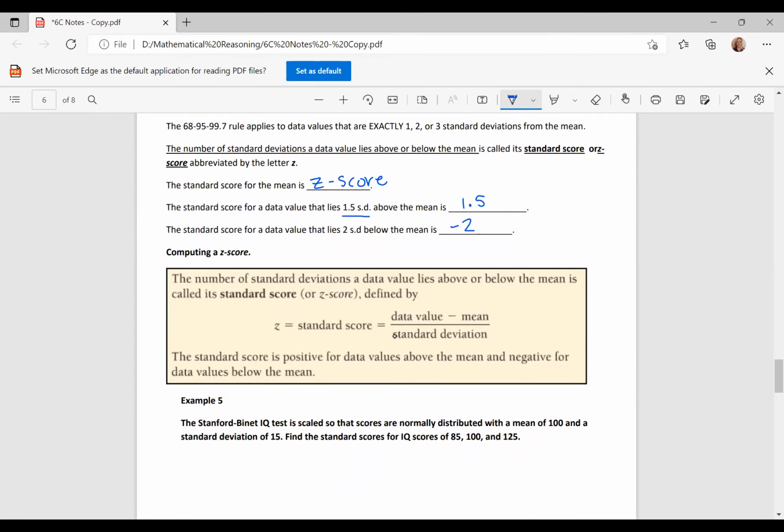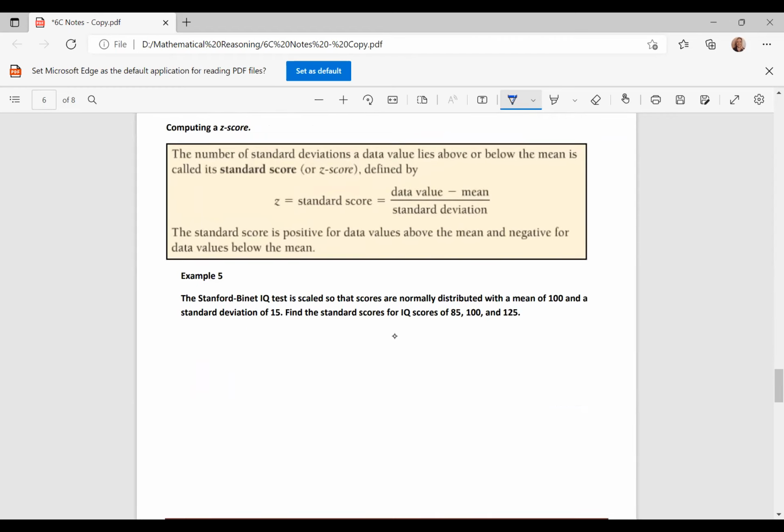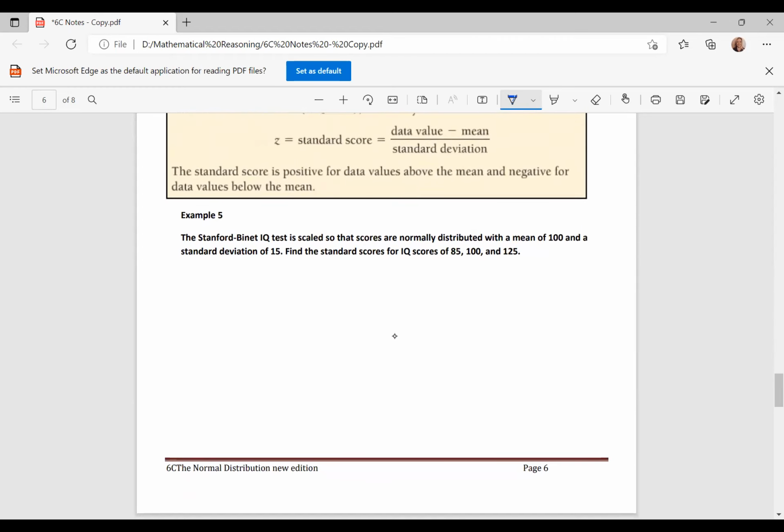So how do you compute a z-score? You take your data value minus your mean, and you divide it by your standard deviation. So we are going to calculate some standard scores here. The Stanford-Binet IQ test is scaled so that scores are normally distributed with a mean of 100.